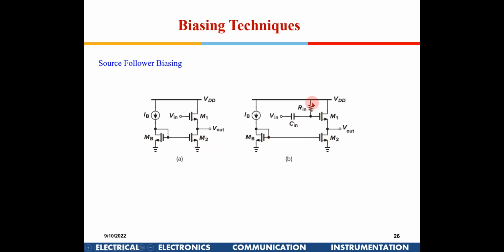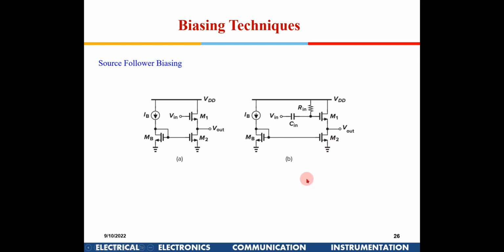And I also need to provide some DC voltage out here, so in this case I can just put one resistance here. The current flowing here will be decided by M2. I require a DC voltage here for this to be in operation, so I can give an R in here. So this is constant current biasing for a source follower.